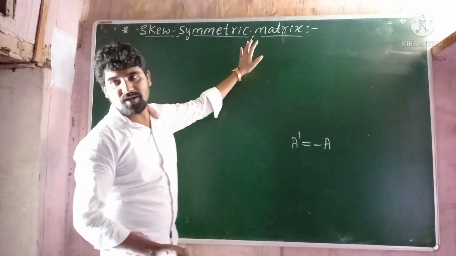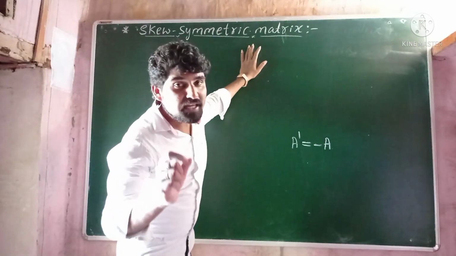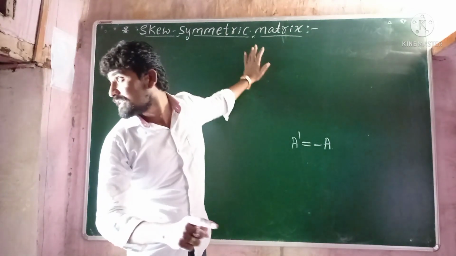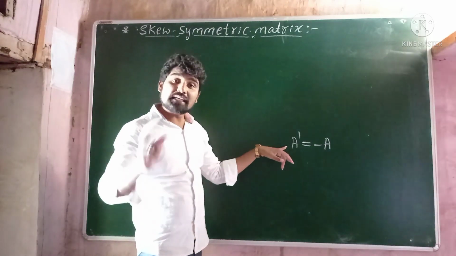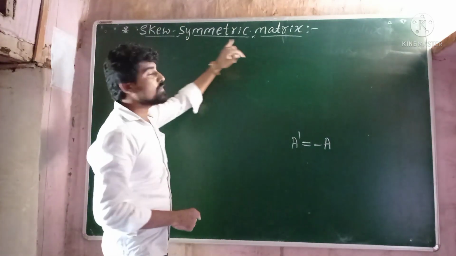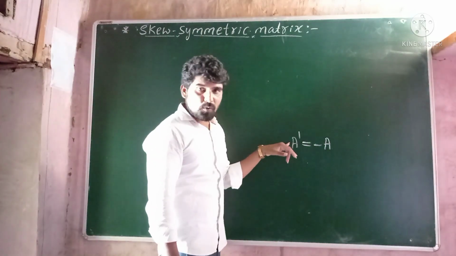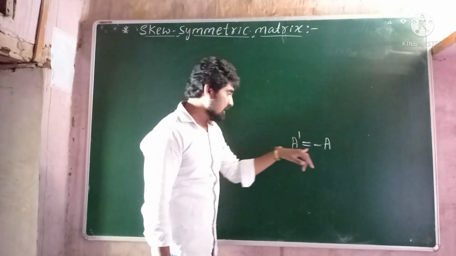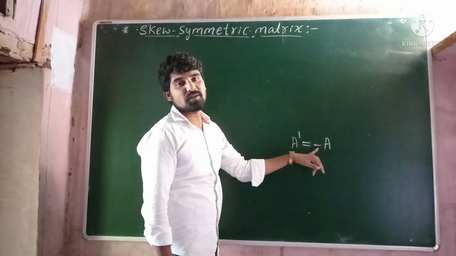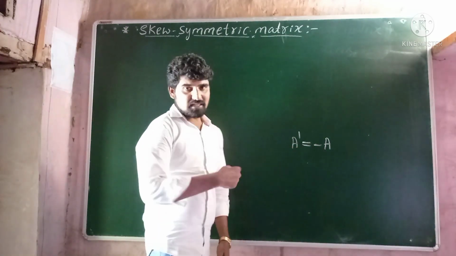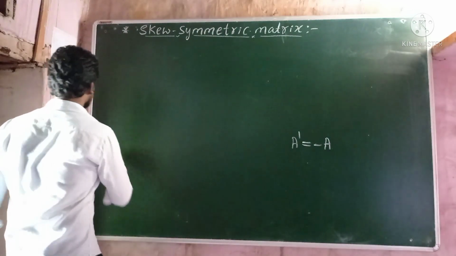What is meant by skew symmetric matrix? A square matrix A is said to be a skew symmetric matrix if transpose of the matrix A is equal to minus of the matrix A. So let us consider an example.